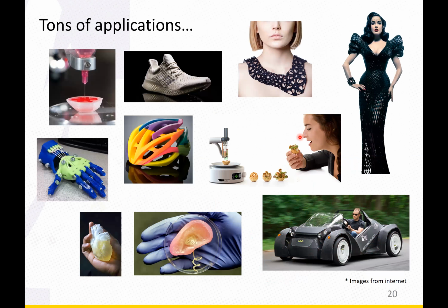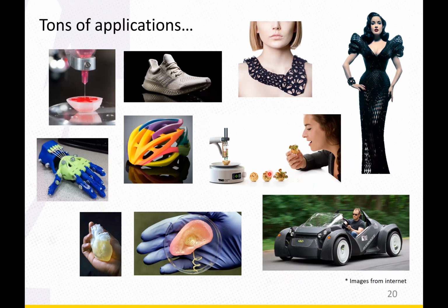As you can see, with different additive manufacturing processes, we have all different applications. Some of them, like this food printing, is relatively, I would say, more like a demonstration instead of a practical application.